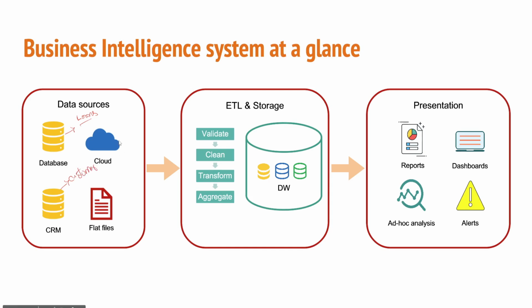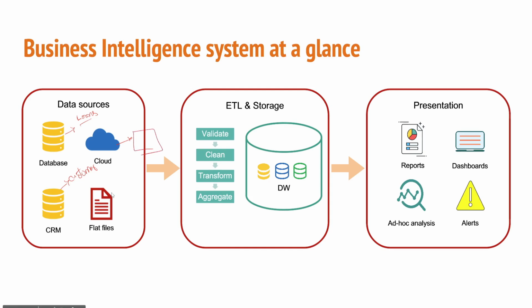Then we have a cloud system where the bank has multiple units, and at their respective unit level, they are storing the budget details. That information they are collating in a file in the cloud.